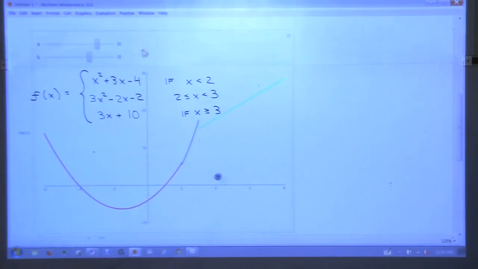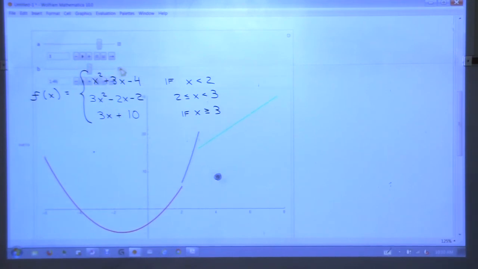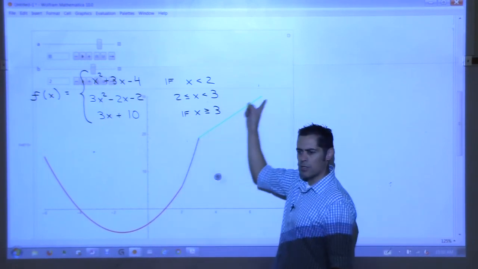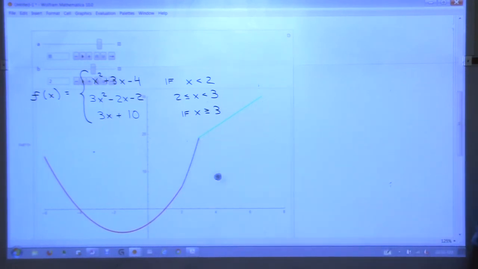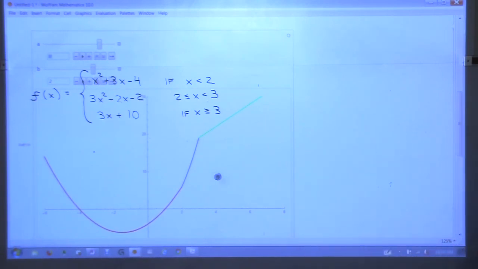All right, so I can tell the computer to let A be 3, and then I can tell the computer to let B be 2. There it is. Nice, continuous function. See that? Okay. That's going to do it for continuity.